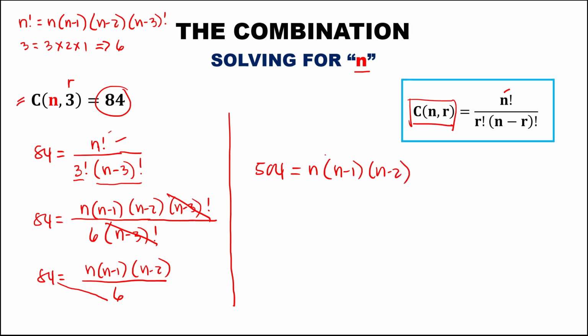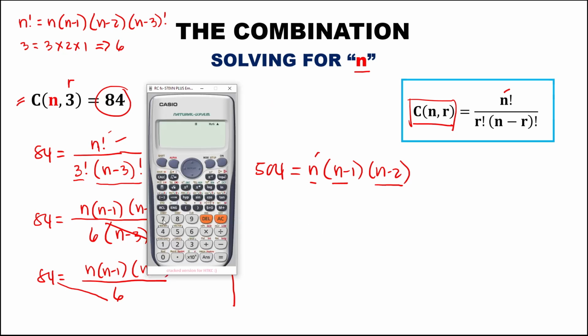Now to solve for n, we're going to use trial and error. Since we have these three numbers, n, n minus 1, and n minus 2, and these numbers are consecutive, we need to find three consecutive numbers whose product is equal to 504.